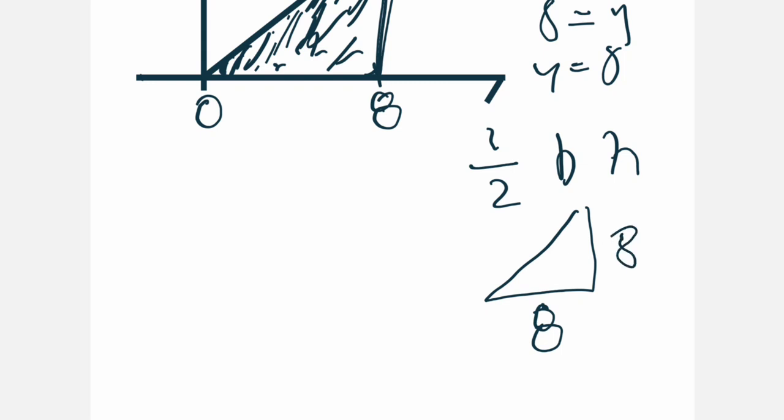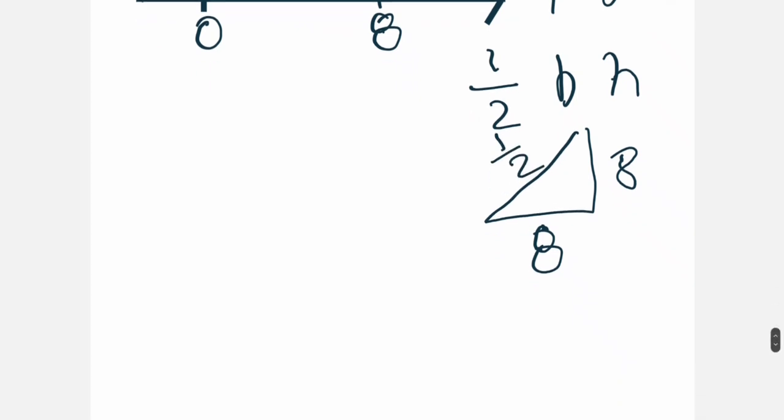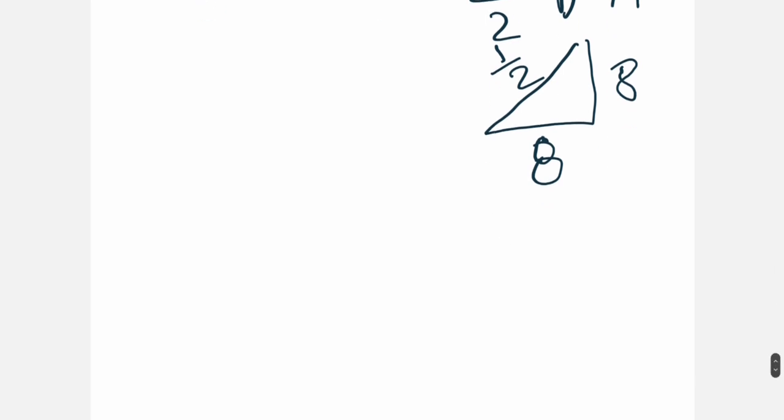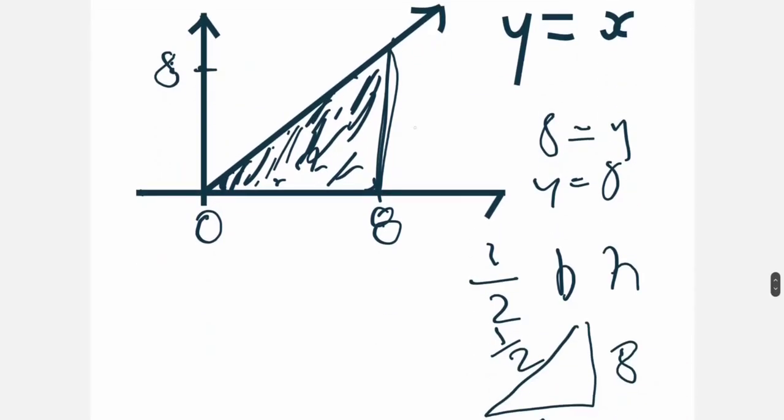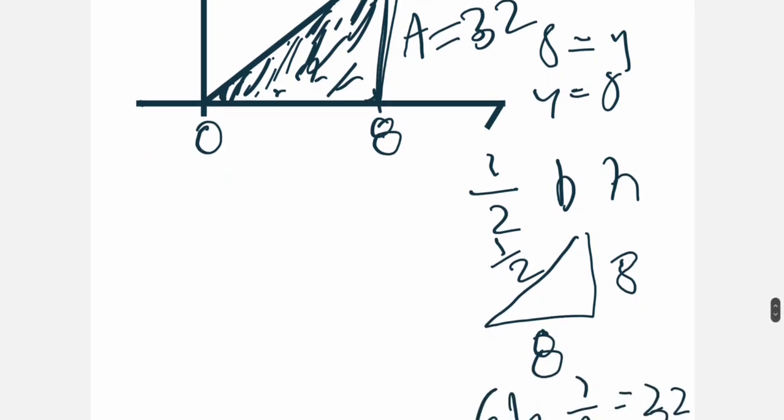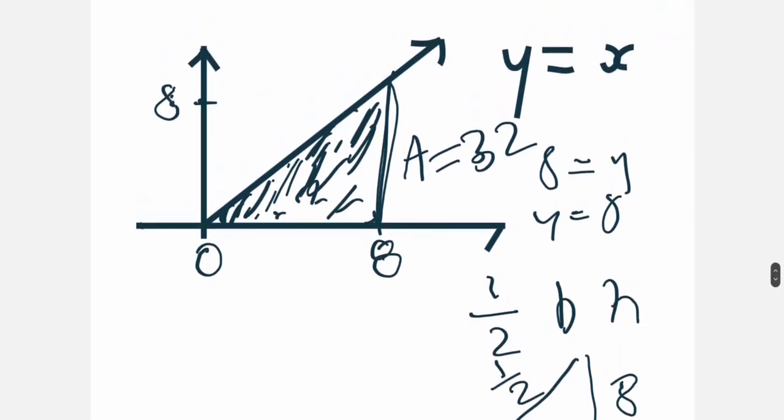So, that gives our triangle. Here, we can just multiply and then multiply it by half. So, 8 times 8 equals 64. 64 by a half equals 32. So, that must mean that the area equals 32. Perfect. Easy.